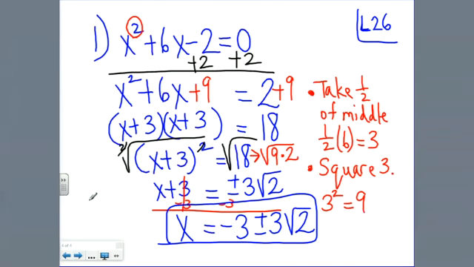All right, let's look at another example in which you have to solve a quadratic equation first by completing the square and then by the square root property at the end.